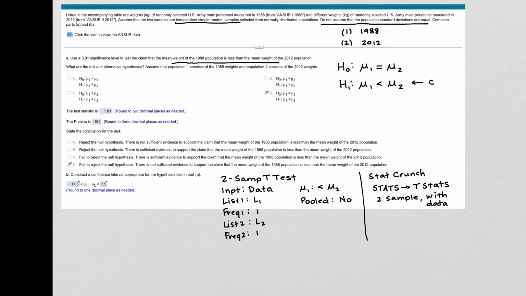If we had the statistics, if they told us the sample mean and sample standard deviation for each group, then I would choose with summary. And for my values, I select my column.